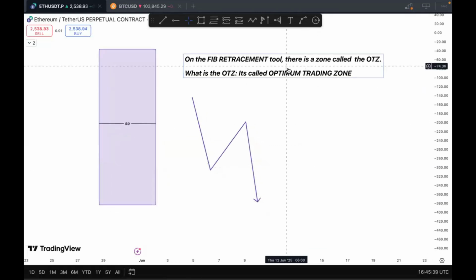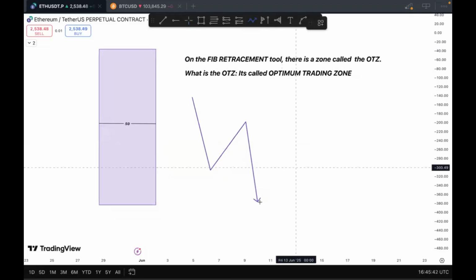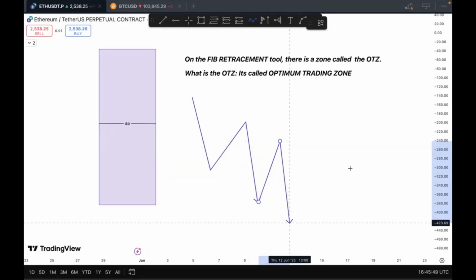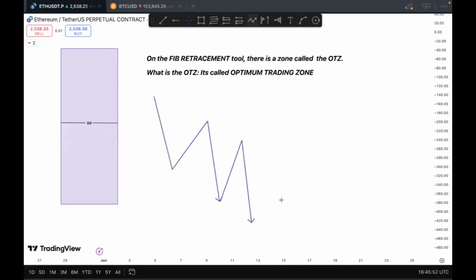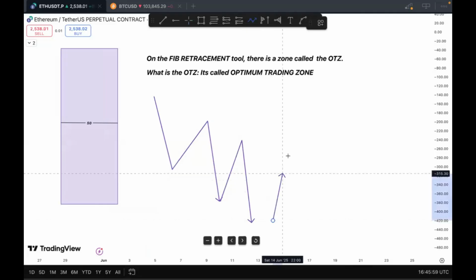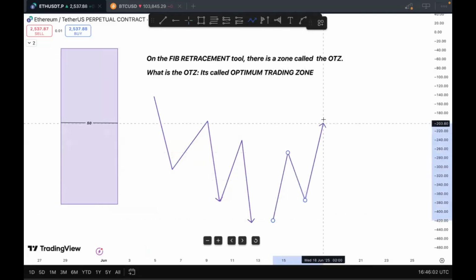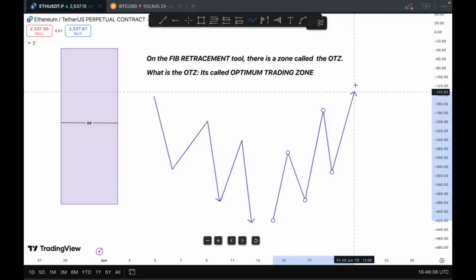So now, on a swing low like this, on this uptrend, all right, price usually comes back to the optimum trading zone area and then goes. For a buy, price, once it breaks, usually comes back and then boom.